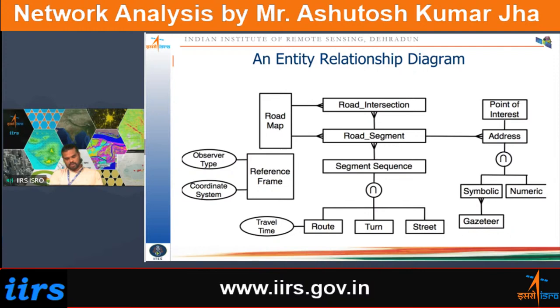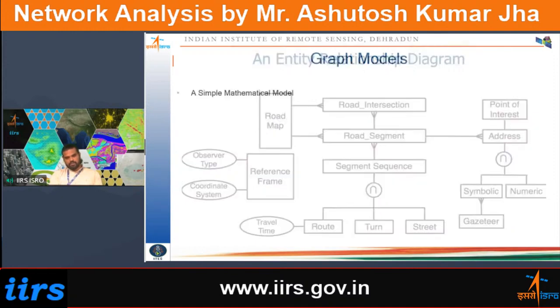And each of them may have a particular route with additional attributes like travel time and so on. So it basically gives an example of how you can represent the same road networks in different entity relationship diagrams. This becomes important when you're using some kind of spatial database for querying and solving the different network analysis algorithms.